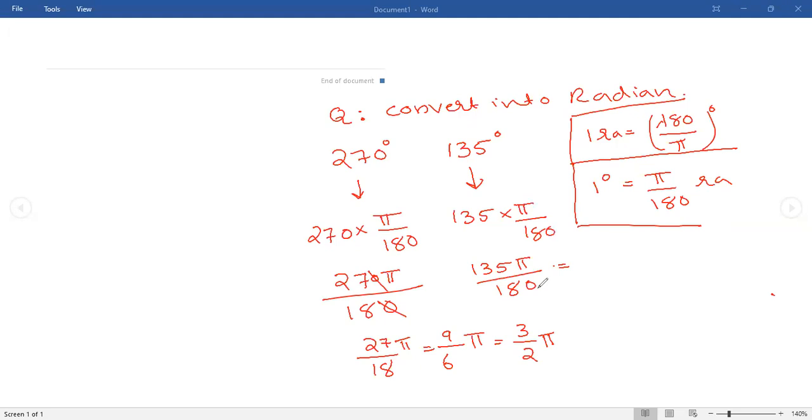Will 3 go here? Yes. 5 will go here. 5 will go into 135 and into 180. The number of 5 in 10 is 2.